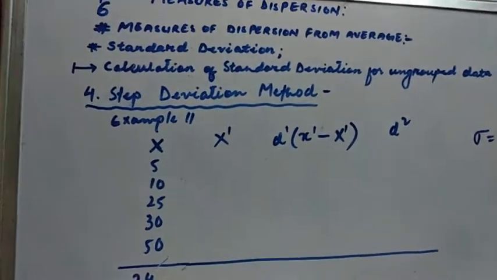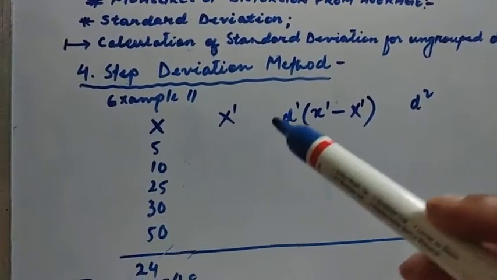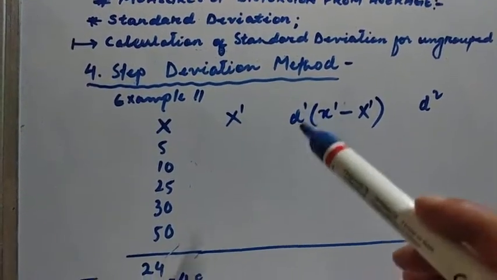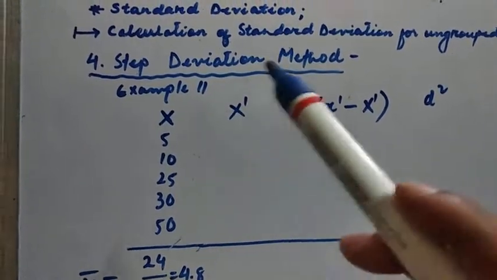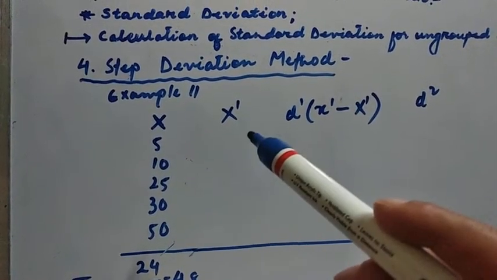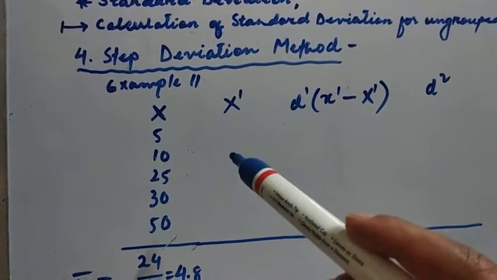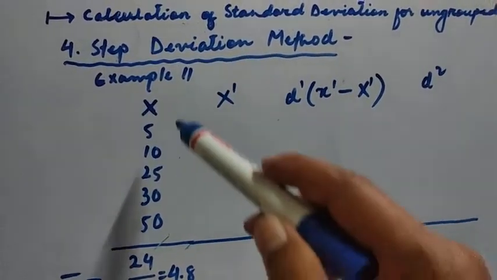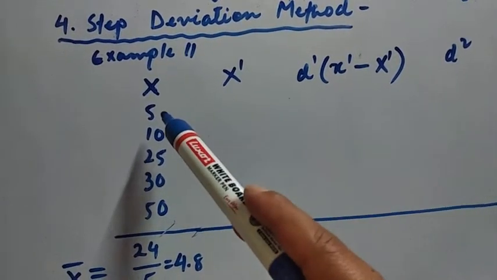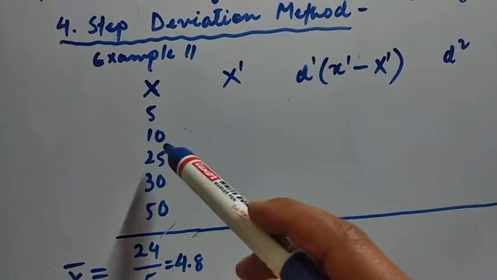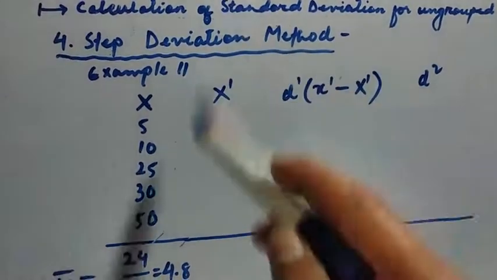If the values given here are divisible by a common factor, they can be divided, and standard deviation can be calculated from the following values. When you look at this, they have a common factor that divides all of them, that is 5.